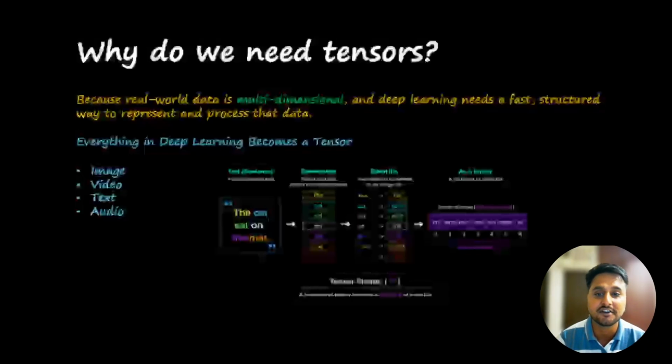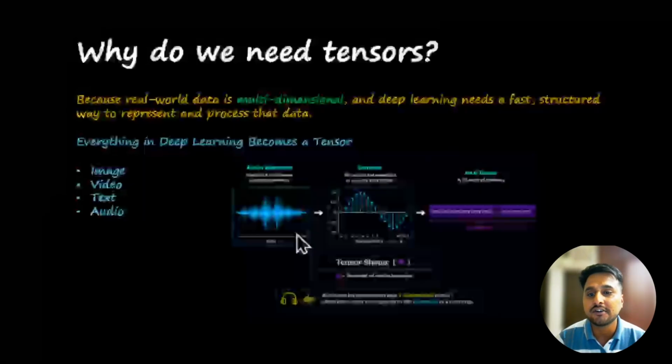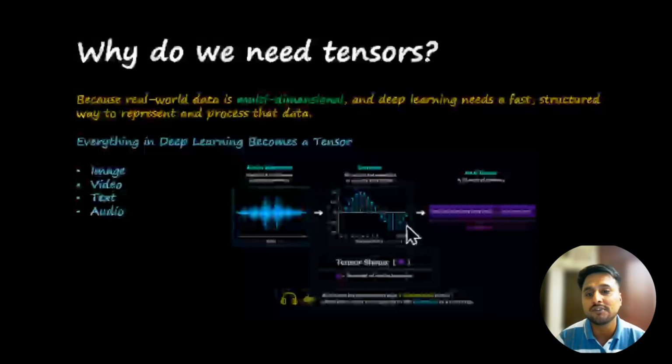Audio is captured as waveforms, and we take samples of the waveform at different timestamps, and that is converted into a 1D tensor. So audio is first converted into a 1D tensor, and then we apply modeling onto the audio data. So no matter the input type, a neural network only sees tensors. That is why tensors are the most important.